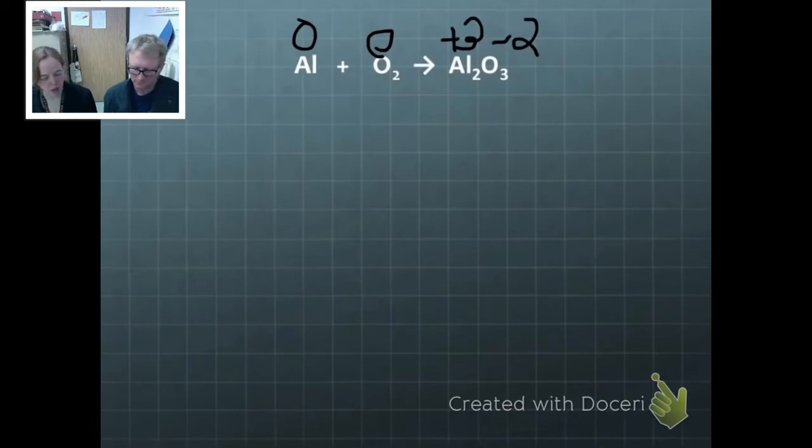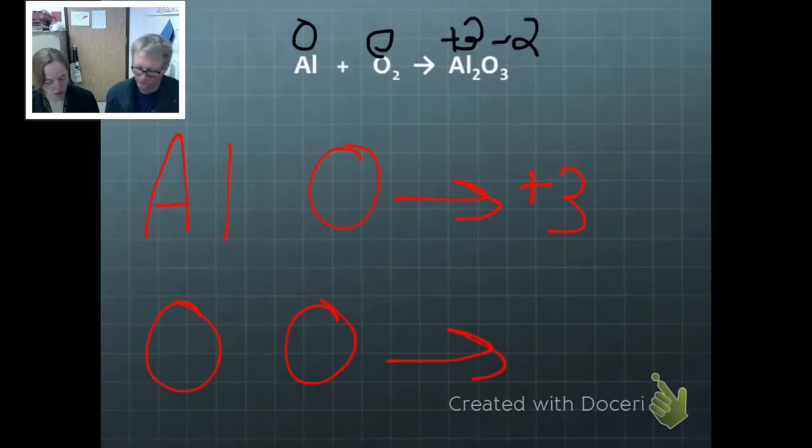Now we need to make our list of elements and what's happened to them. I've got aluminum and oxygen. Aluminum started at 0, and it went to +3. Oxygen also started at 0, and it went to -2. Which one is going to be easy to tell what happened?